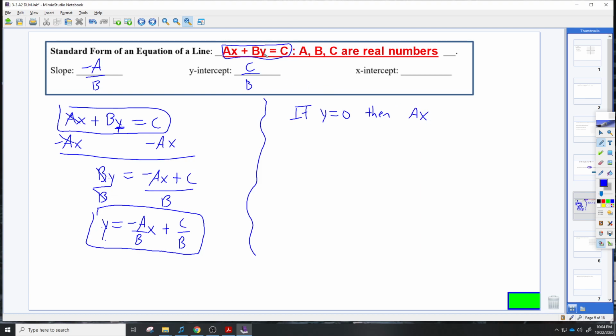I'm just going to plug in 0 for y. Ax plus b, not y, times 0 equals c. So what happens here? B times 0 just kind of goes away. That's just ax plus 0, which we don't have to write, equals c. And then we're just going to solve for x. Divide both sides by a.